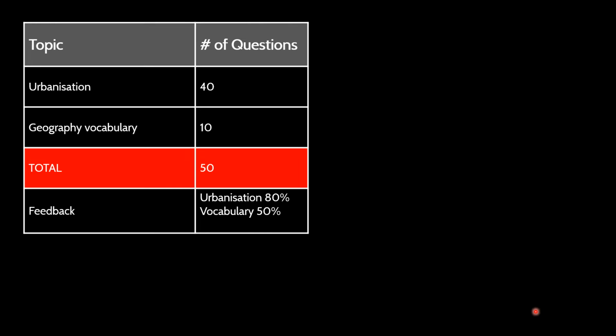But I want to distinguish between the feedback that you give and how you construct the test. Maybe you had 5 different topics that the students did. Your test had section 1, urbanisation, section 2, geography vocabulary, section 3, push and pull factors, whatever.